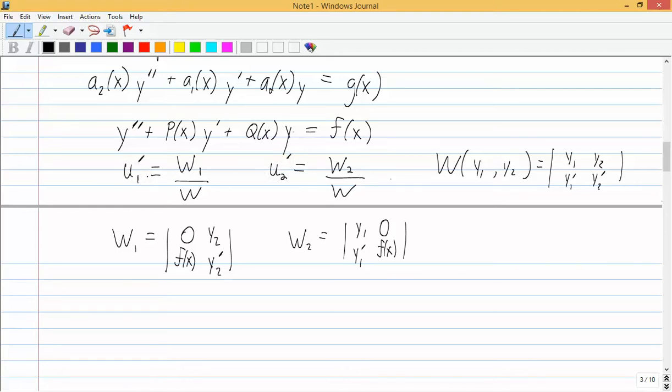We have a u sub 1 prime and a u sub 2 prime. Before I can find that, I have to know what the Wronskian is equal to, and what Wronskian sub 1 and Wronskian sub 2 are equal to. That's usually what I call those.